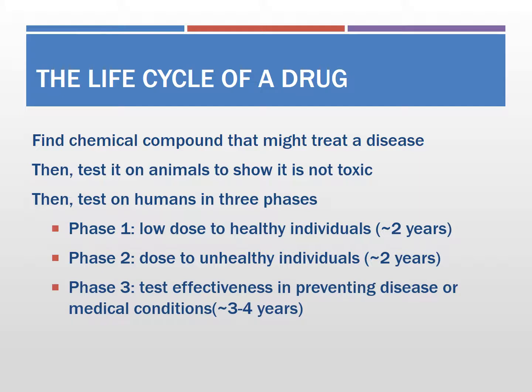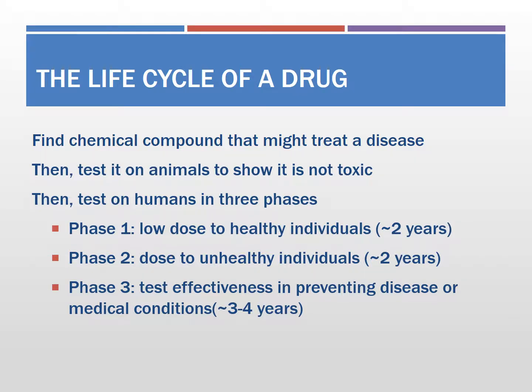And in phase three, they apply these drugs randomly by selecting random samples in the market, and of course paying people to go into trials to test the effectiveness of these chemical compounds in preventing the disease or helping with medical conditions.